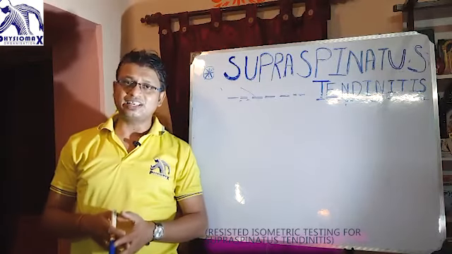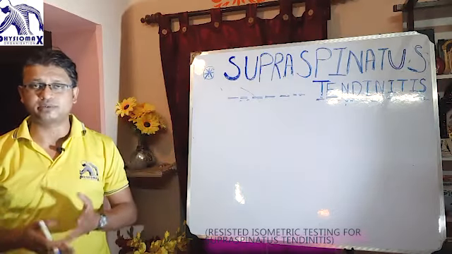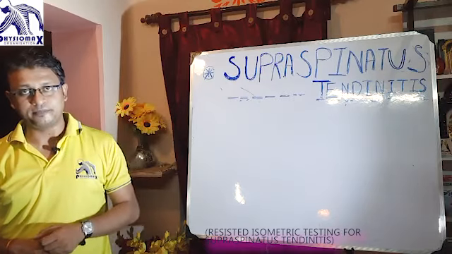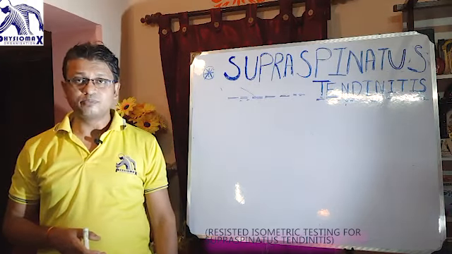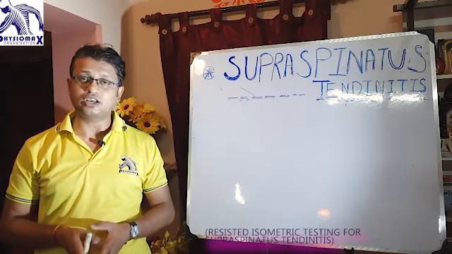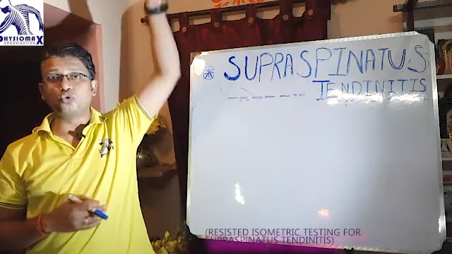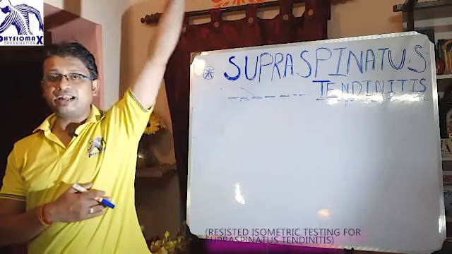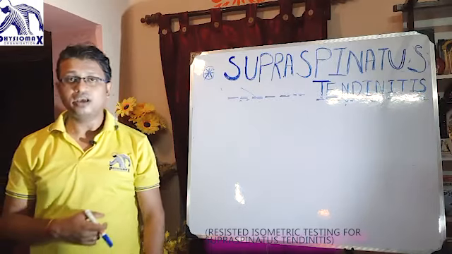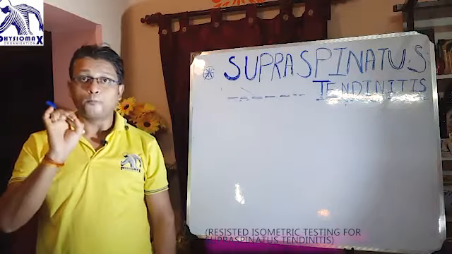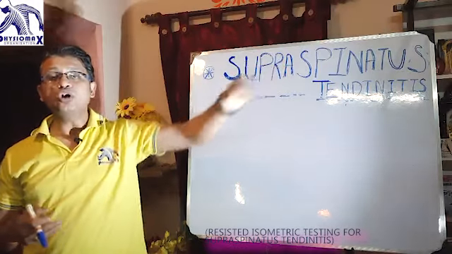Coming to the examination, we should do the active and passive range of motion of the glenohumeral joint. If it is frozen shoulder or adhesive capsulitis, both active and passive range of motion are restricted. But if it is supraspinatus tendinitis, the passive range of motion will be full, although it may be painful, and the range of 180 degrees of abduction will be full. The active range of motion will be painful mostly in two regions, within 0 to 10 degrees of abduction or 90 to 110 degrees.